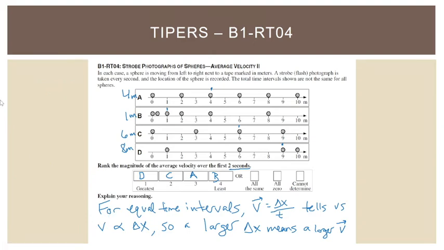So I hope that makes sense to you, because we are going to be doing a lot of this kind of thinking a ton this year, saying that if two variables are proportional, one gets bigger, the other gets bigger. If two variables are inversely proportional, one gets bigger, the other gets smaller, etc., etc.